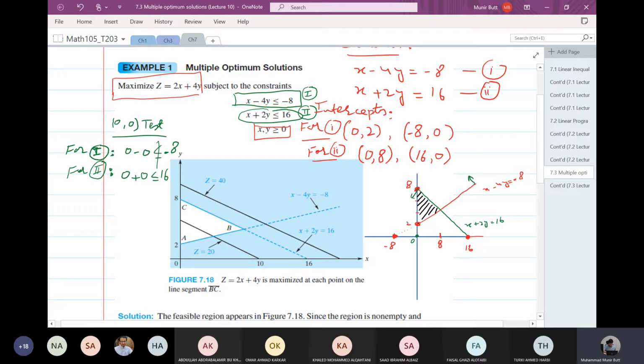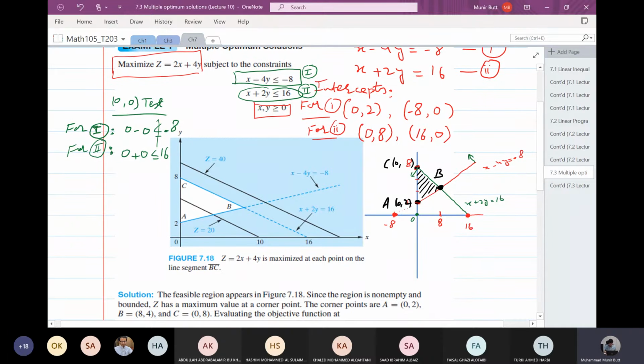Okay, so what will be the corner points? Let's say this is our point A. Okay, the feasible region is shaded.